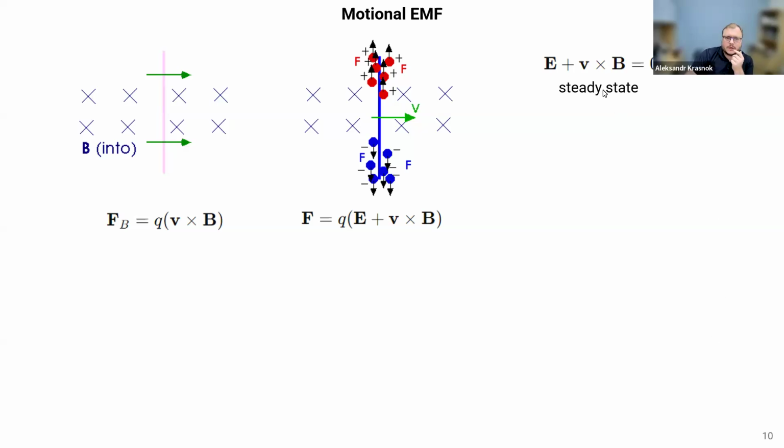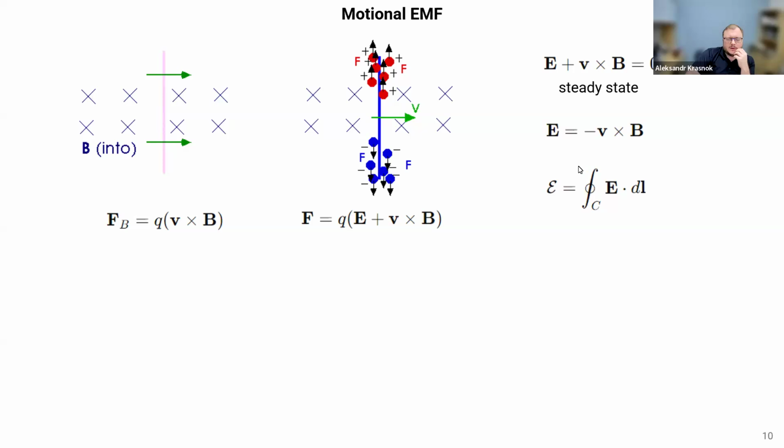So in the steady state, for every single electron, we will get this simple equation, basically the zero net force for every single electron. From this equation, we come to this one. So the electric field induced in the wire will be given by this simple equation.